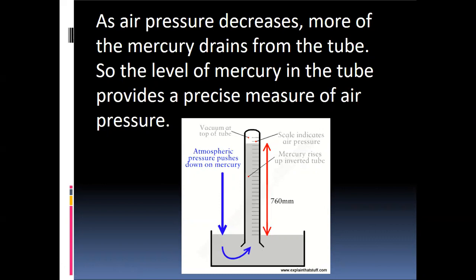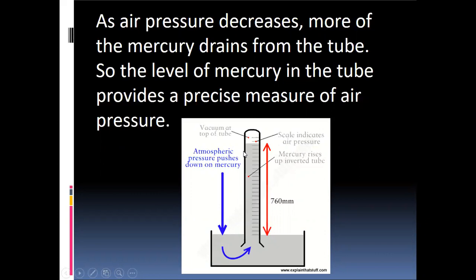The mercury level in the tube drops a little. You can see it drops a little and remains steady at a particular height. It does not fall further because the atmospheric pressure balances the mercury column in the tube at that level.